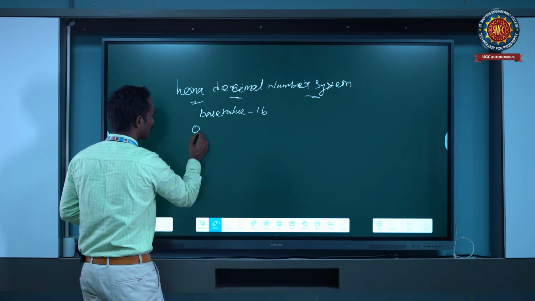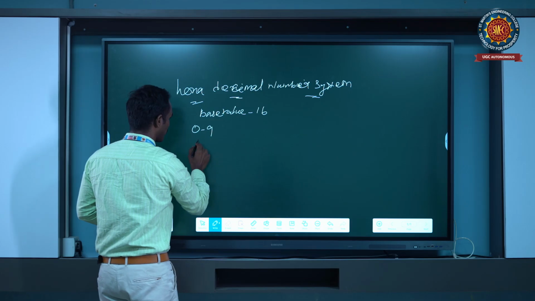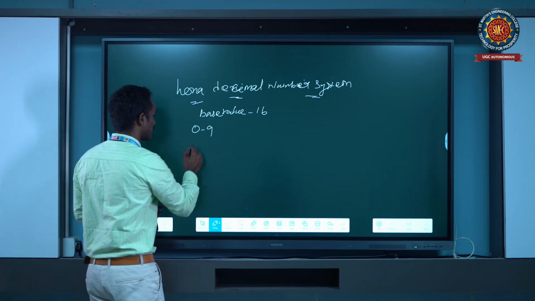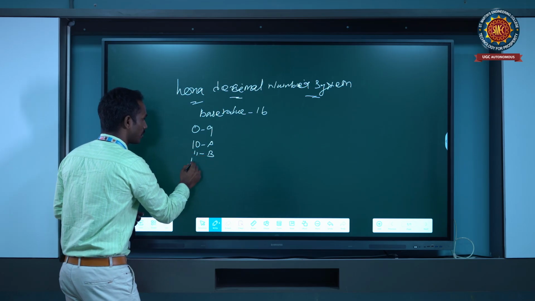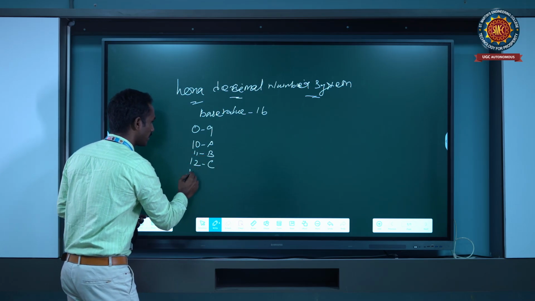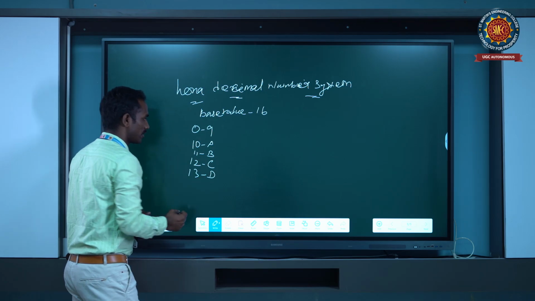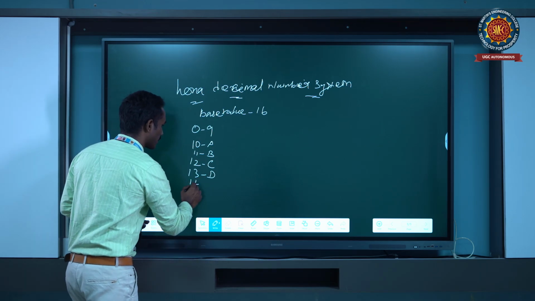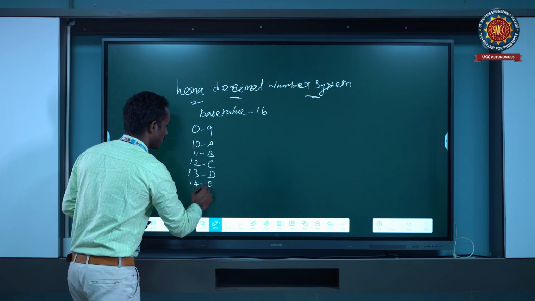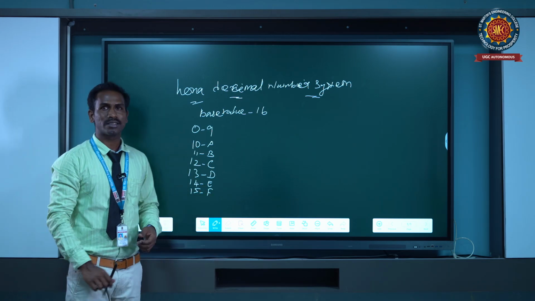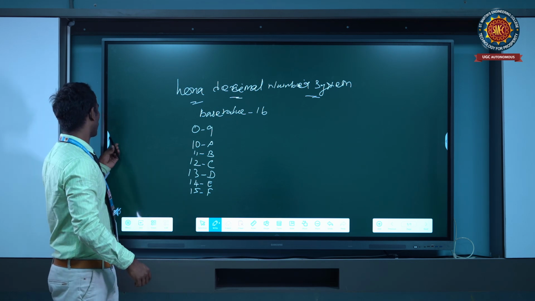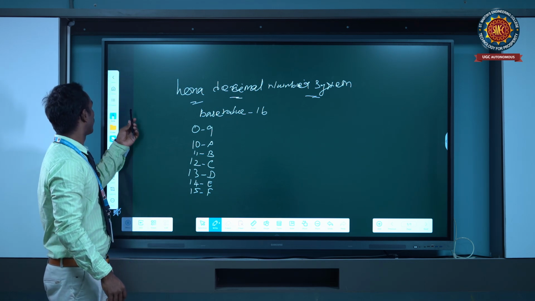That means 0 to 9. After that, 10 we can consider as A, 11 as B, 12 as C, 13 as D, 14 as E, and 15 as F. That is the hexadecimal number system.